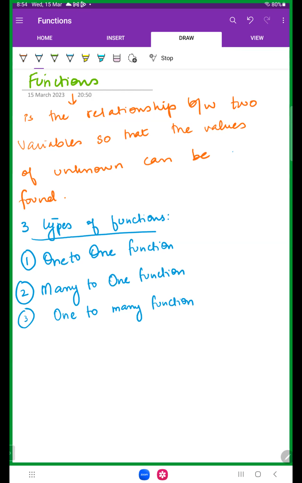Now, by each of these, I mean that if each object has one image, you say that it's a one-to-one function. If more than one object has one singular image, it is said to be a many-to-one function. In textual terms, you might feel that this is a vague definition, but as we solve the questions, you might be able to understand what I'm trying to say.